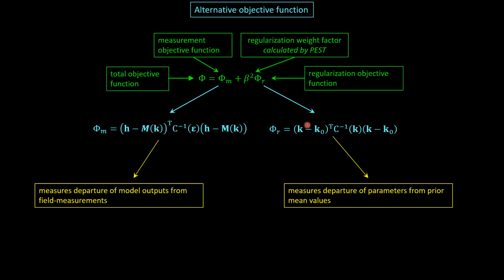At the heart of the regularization objective function is the inverse of the prior parameter covariance matrix. So this comes back to the prior probability distribution of the parameters.